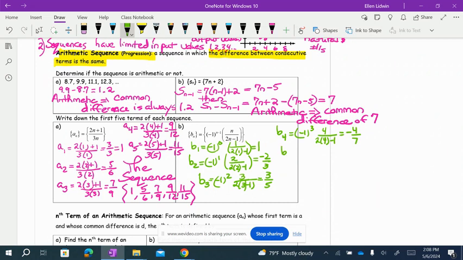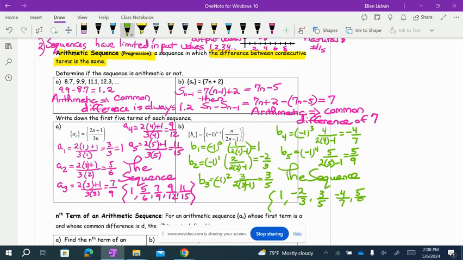And then finally, B sub 5 equals negative 1 to the 4th, and it would be 5 over 2 times 5 minus 1. So that's going to be positive 5 over 9. So my sequence using this rule is simply 1, negative 2/3, 3 over 5, negative 4 over 7, and 5 over 9.